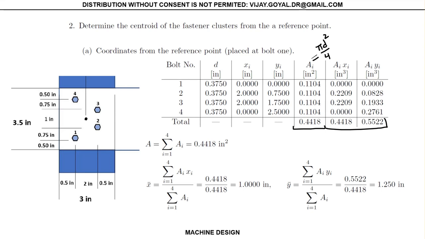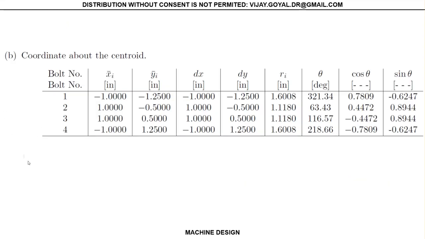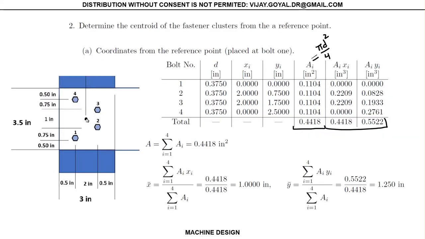Okay, so let's continue. Now you want to find the coordinates about the centroid. I want to find, about this centroid, the coordinates of each one of these points. The best way to do this is to subtract the centroid values.